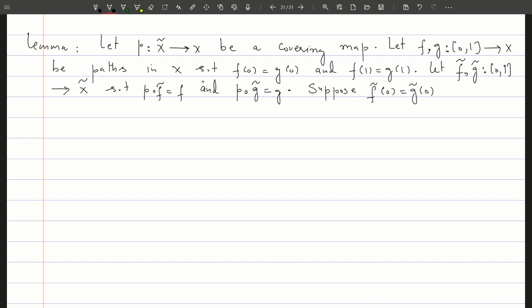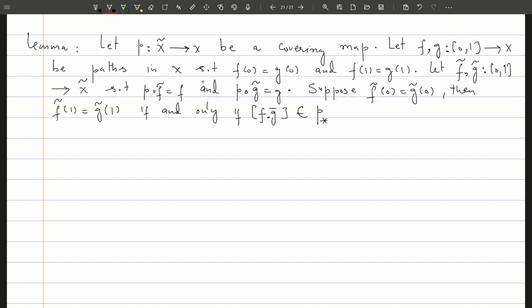Then they agree at the final point, that is f tilde of 1 is g tilde of 1, if and only if the loop f product with g inverse, so this is a loop and this is a homotopy class, belongs to the image of the induced map p star, which is a homomorphism from the fundamental group of X tilde based at x naught tilde to the fundamental group of X based at p of x naught tilde.